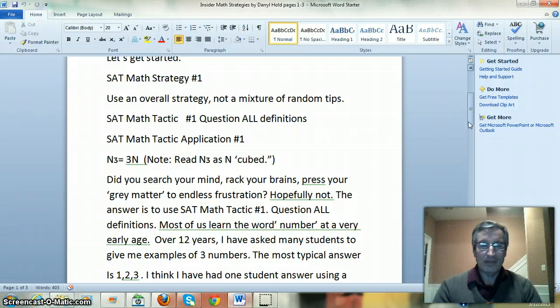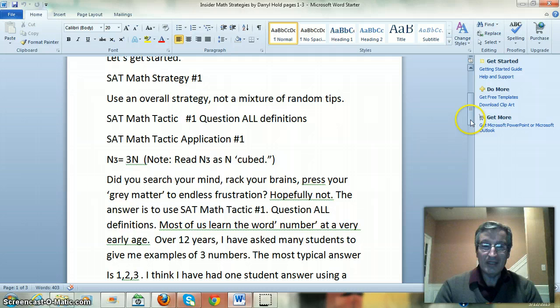Question all definitions. As I alluded to a little earlier, most of us learn the word number at a very early age. Over 12 years, I've asked many students to give me examples of 3 numbers. The most typical answer is 1, 2, 3. This really shows how inside the box some of us are. For passwords, there are people using 1, 2, 3, 4 when that's the easiest password to crack.